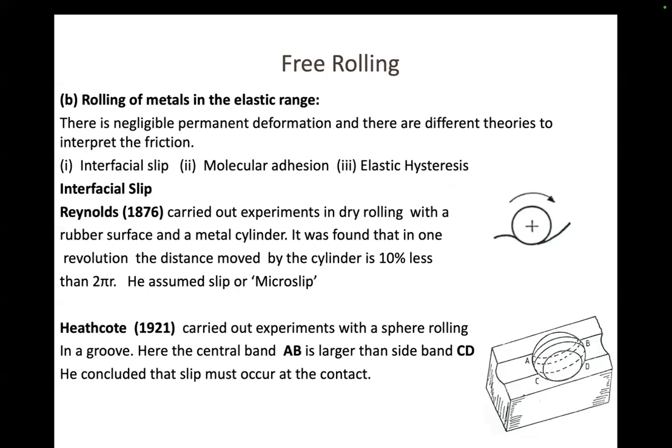And if that happens, for the whole sphere to move as a single body, there has to be slip, because AB is larger than CD. So this, of course, leads us to the conclusion that there will be slip even in the grooved surface and with the spherical body. So these are the two nice experiments to show that there is some slip.